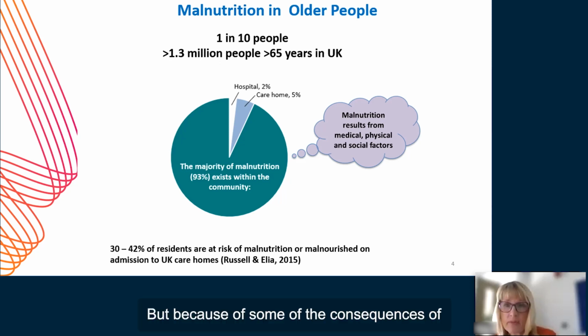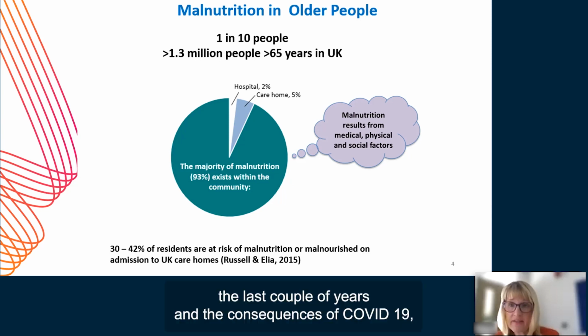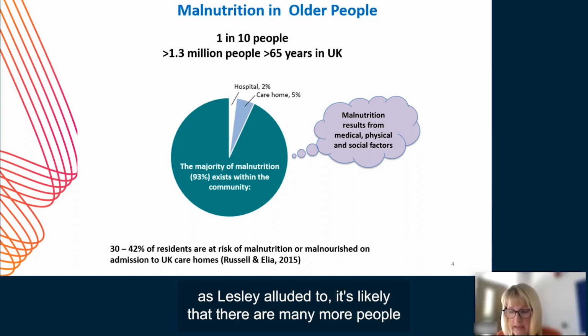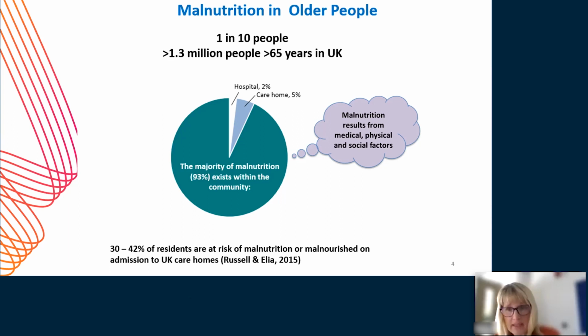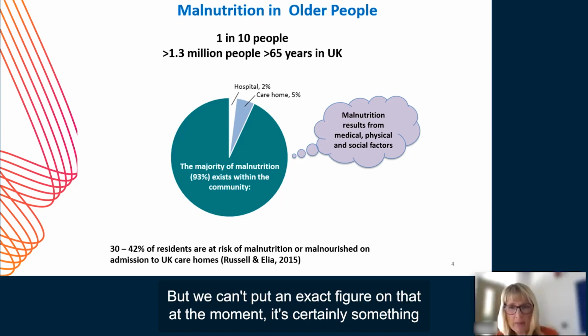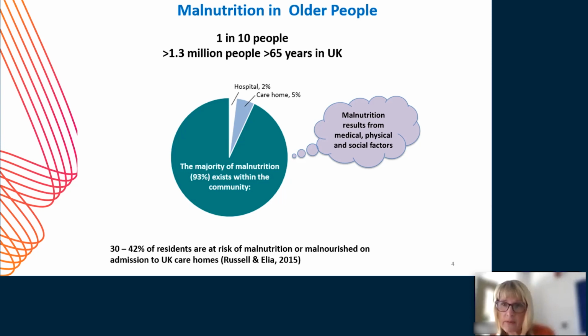Because of some of the consequences of the last couple of years and of COVID-19, as Leslie's alluded to, it's likely that there are many more older people affected by malnutrition, poor nutrition, but we can't put an exact figure on that at the moment. It's certainly something that we need to understand much more about.